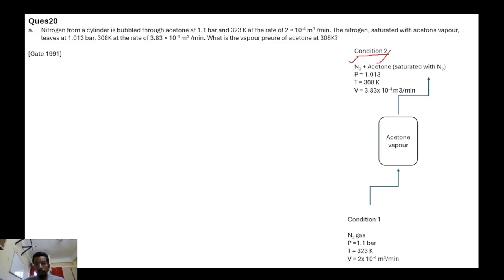So the partial pressure of N2 and the partial pressure of acetone will sum to the total pressure. Because the gas is at the saturation point, the partial pressure of acetone will be equal to the vapor pressure of acetone in this condition, right?